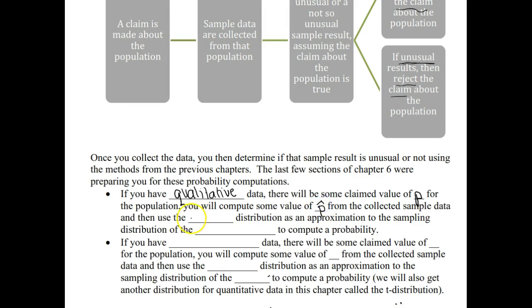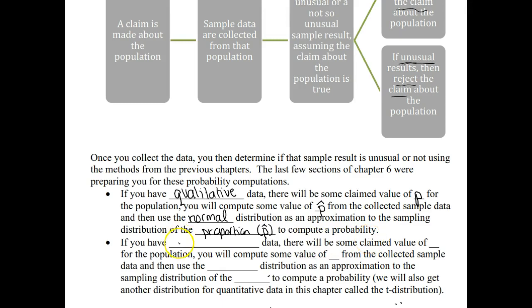Then after checking some conditions, we can use the normal distribution as an approximation to the sampling distribution of the proportion. Here we're talking about the sampling distribution, the distribution of all possible values of p hat for a given sample size, to compute the probability.